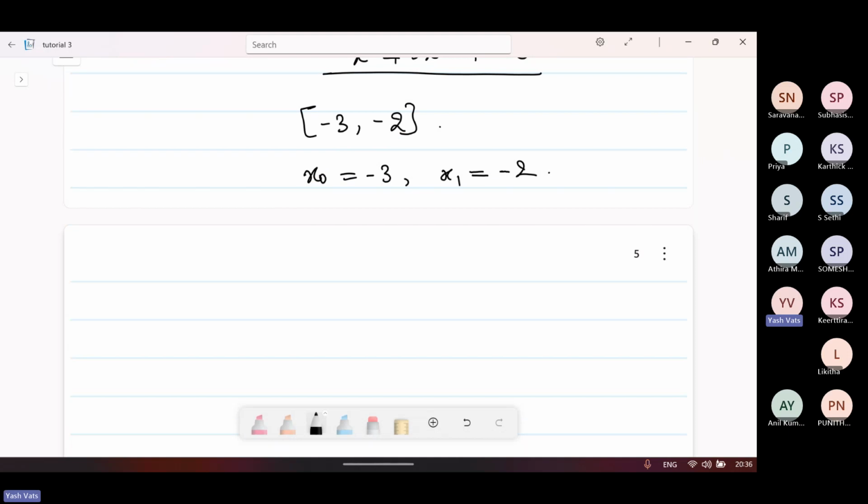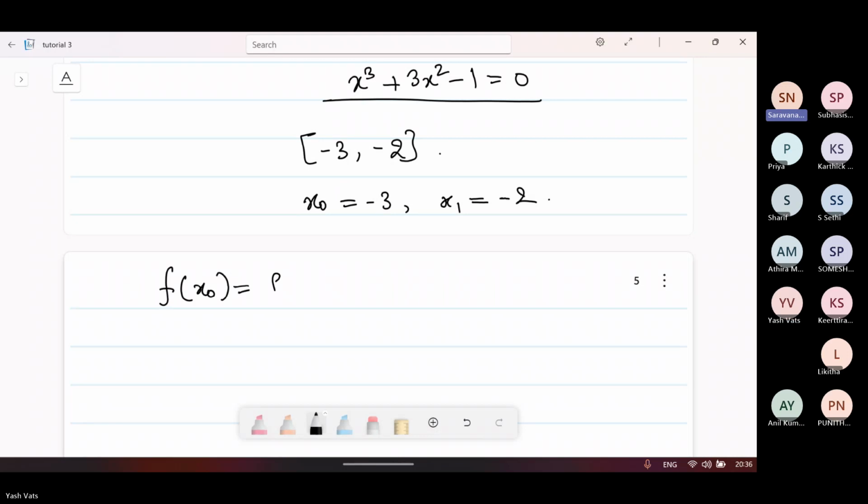Can you check the value of f of x0? The interval is minus 3 and minus 2. f of minus 3 is minus 1, and f of minus 2 is 3.